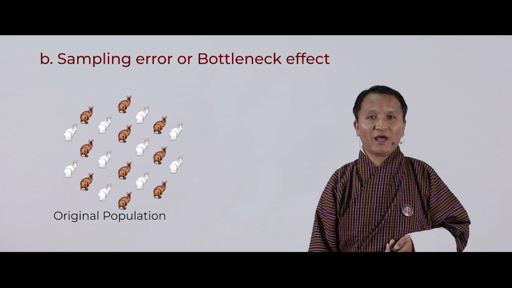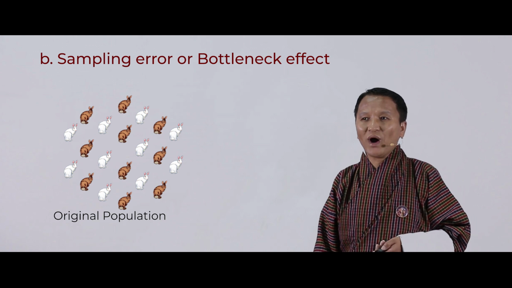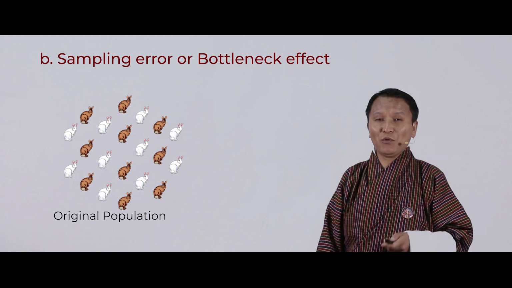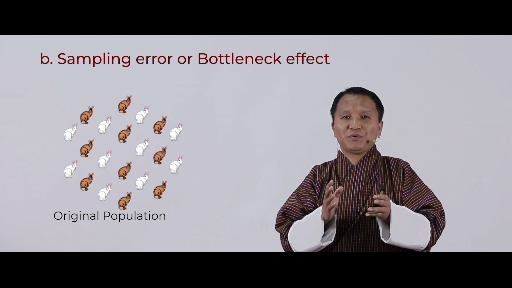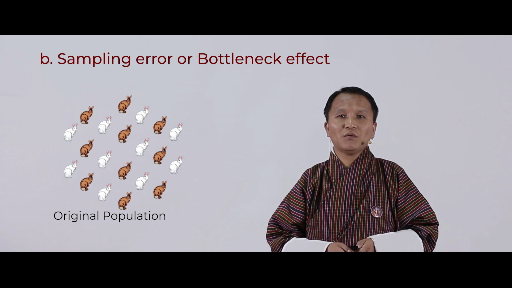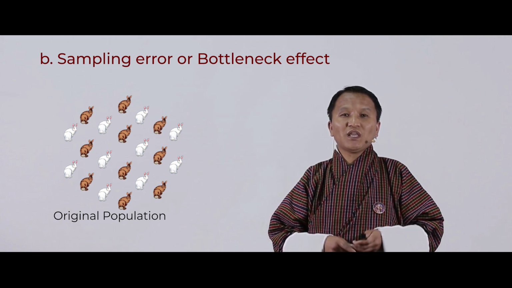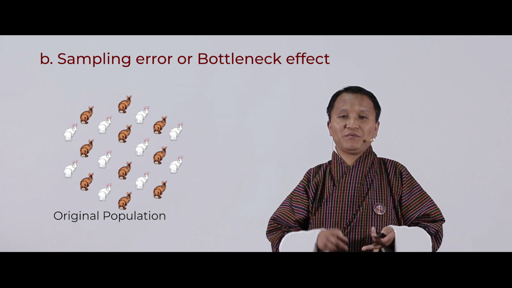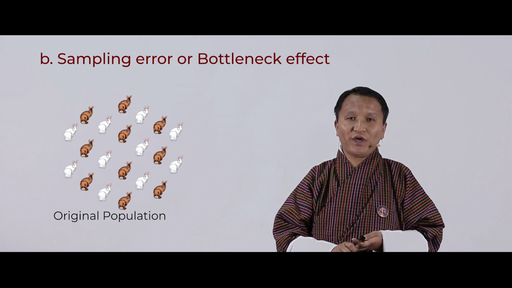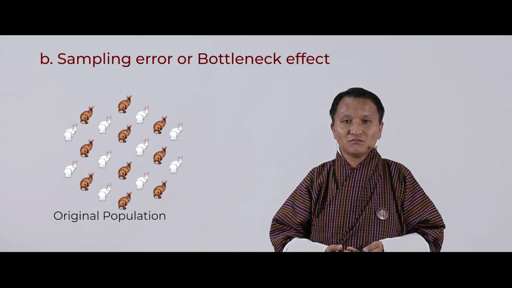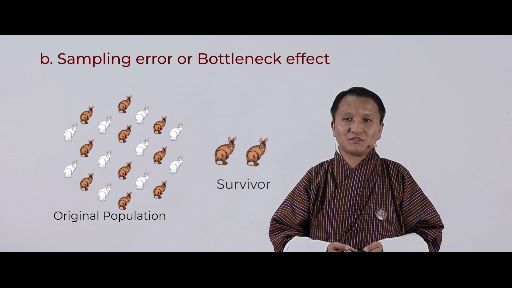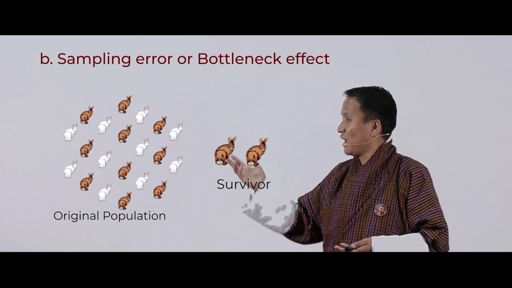There is a population here, a population of rabbits, which has white rabbits and brown rabbits. The original population has almost 50% white rabbits and 50% brown rabbits. Now, because of some natural calamity, maybe a disaster, or a flood, or an earthquake, the population crashes. Almost all the population will die, but a few survive. And the ones who survived were the brown ones.